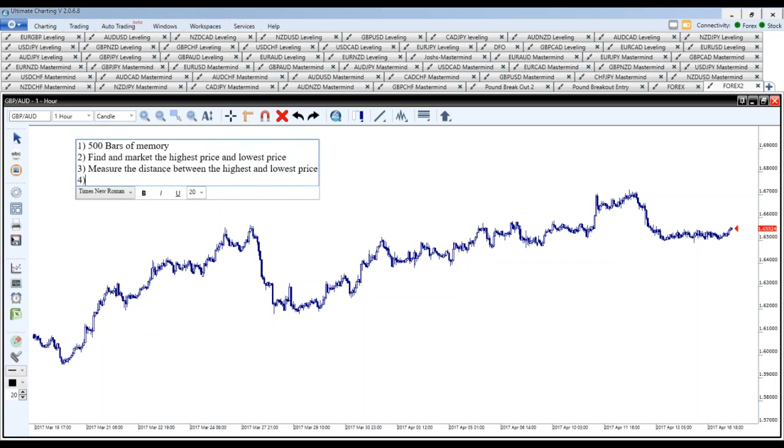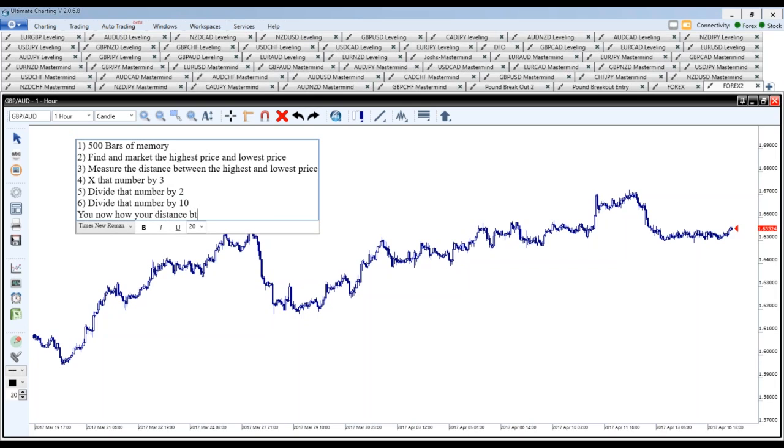Number 4, times that number by 3. Number 5, divide that number by 2. Number 6, divide that number by 10. You now have your distance between your levels in your grid.